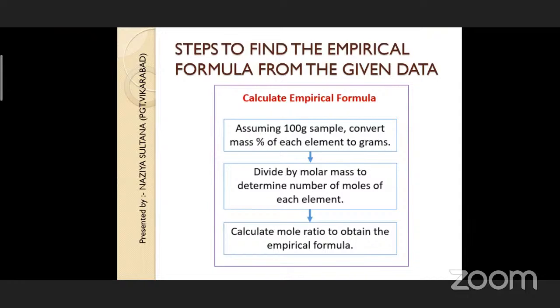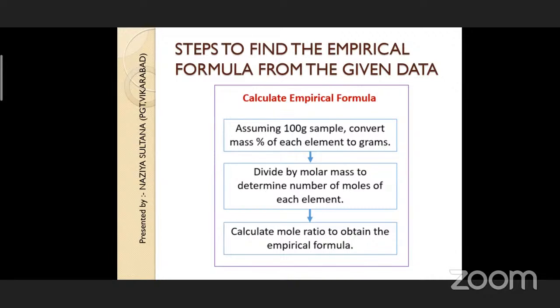Next important subtopic is steps to find the empirical formula from the given data. Generally the questions you will be getting can be asked for 4 marks. They will be giving you a particular compound.